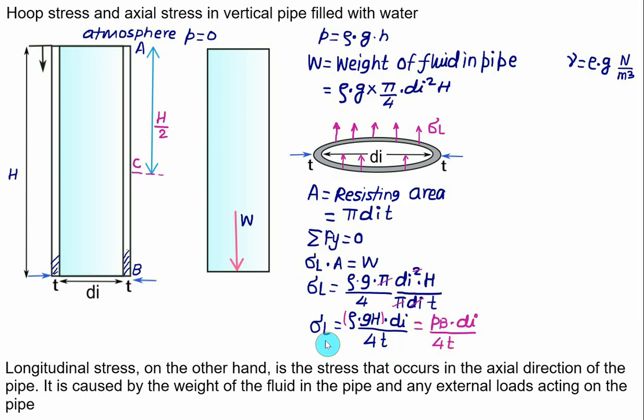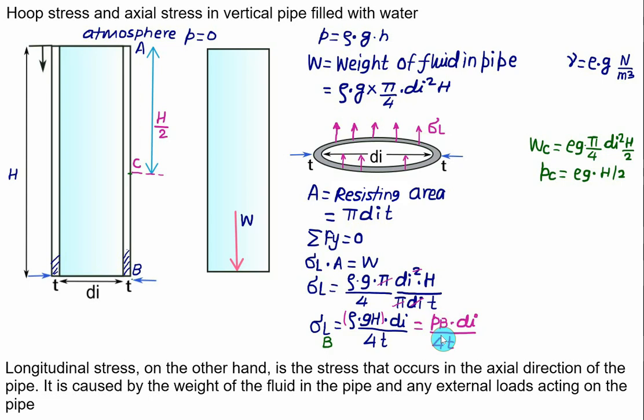But this stress has a different value as the depth changes. This value we have calculated at point B. If you want to calculate at point C, then you have to use depth equal to H by 2 in the weight formula. So the weight of fluid up to point C is rho multiplied by g multiplied by pi by 4 multiplied by d_i square multiplied by H by 2, which is again the pressure at point C, because pressure at point C is rho g multiplied by H by 2.